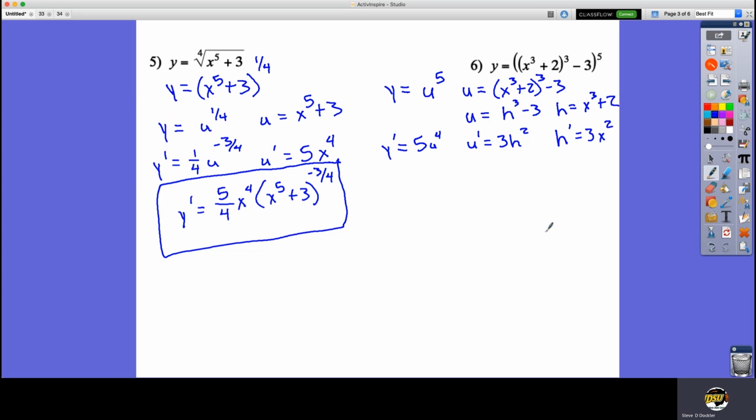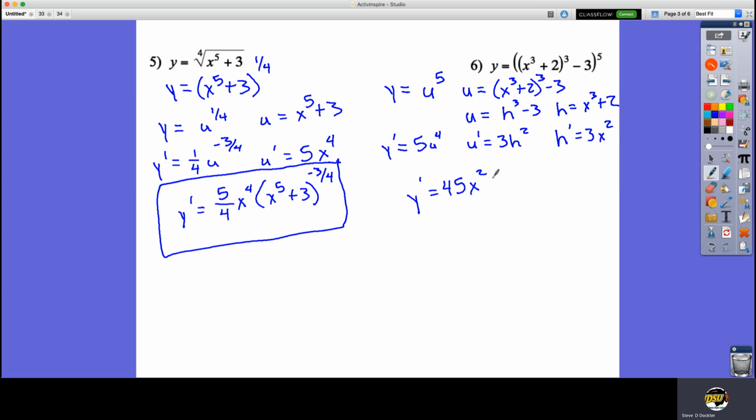Okay, so from there, we just have to multiply these together. Normally what I do for these is I multiply all the numbers together. We've got 5 times 3 times 3 is 45. And then normally I put the x with it, so we've got 45x squared.